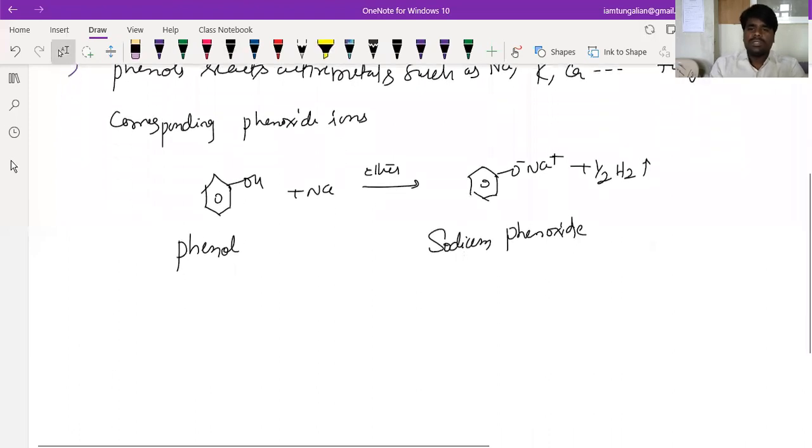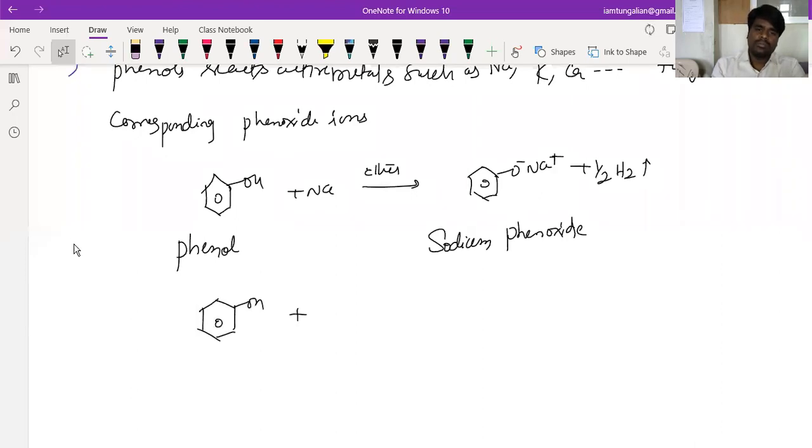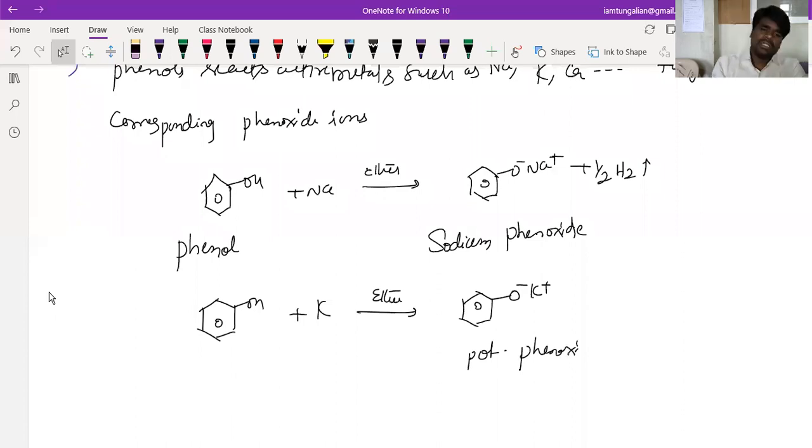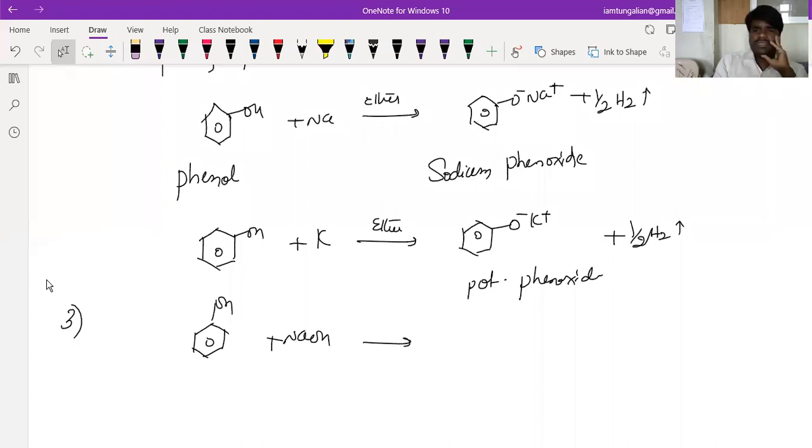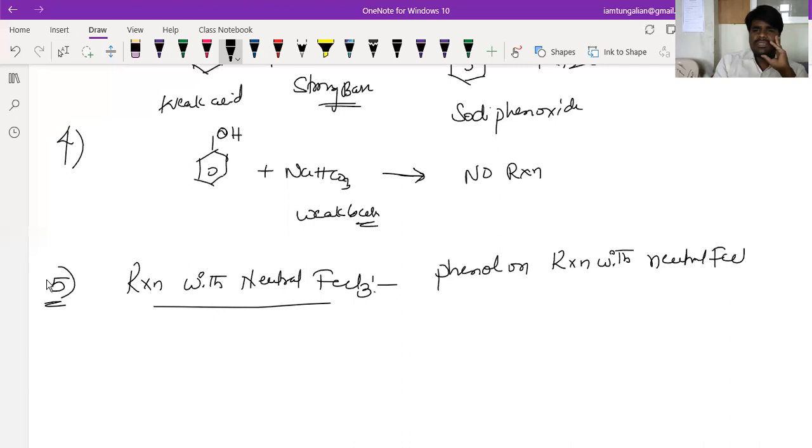All right. If you treat it with potassium, this is called potassium phenoxide. Phenol reacts with sodium hydroxide to form the corresponding sodium phenoxide, with the liberation of water.